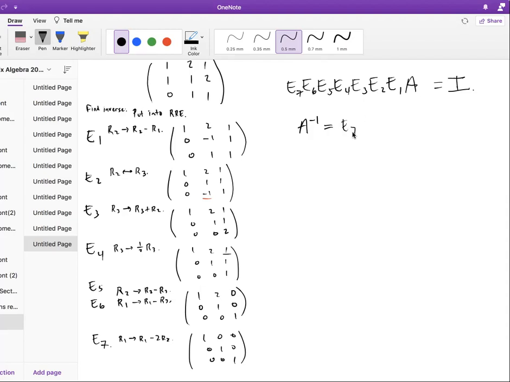It's E7, E6, E5, etc. All right, so why don't we not multiply all that out, but let's at least list out these operations. All right, so let's do, what is E1?